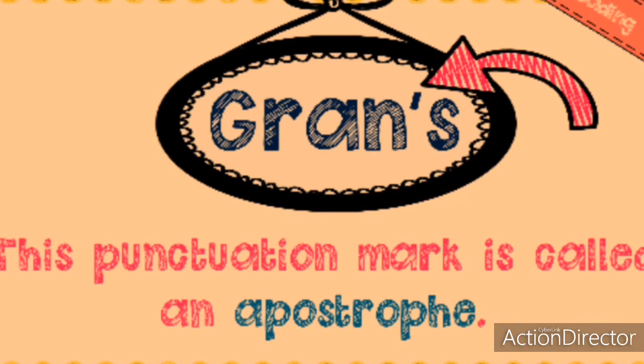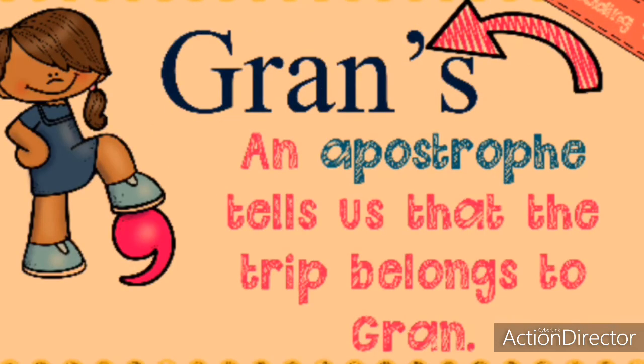That's what that punctuation mark is called, an apostrophe before S. An apostrophe tells us that the trip belongs to Gran. Gran's trip. It was Gran that went on the trip.